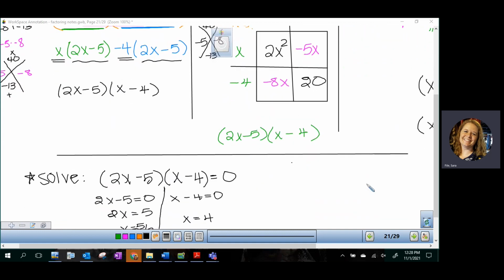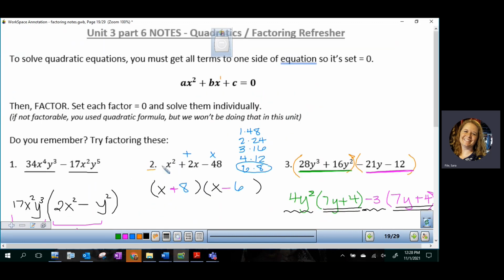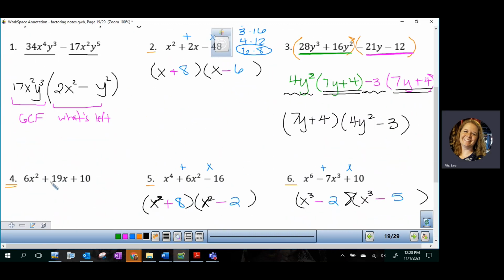So I want you to try the other examples and then we'll check them. And then if we have time in class, go back and do number 4 here with one of the methods that you want to try.